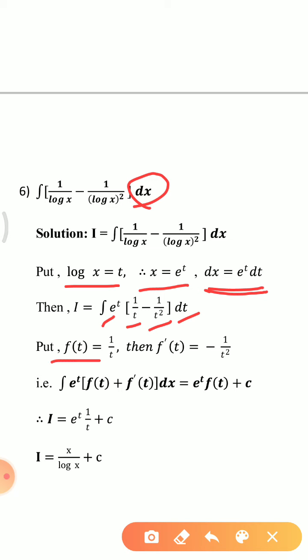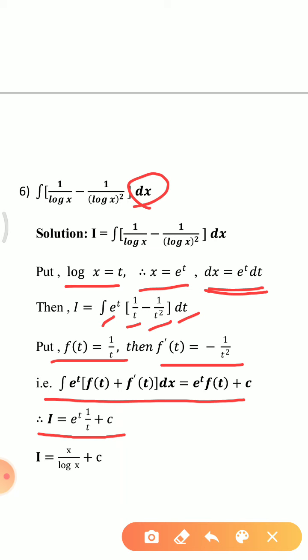Putting f of t is equal to 1 upon t, then f dash of t is equal to minus 1 upon t², since the derivative of 1 upon t is minus 1 upon t². Applying the integral type, the integral of e raised to t times (f of t plus f dash of t) is equal to e raised to t f of t plus c. So the final answer is I is equal to e raised to t times 1 upon t plus c.